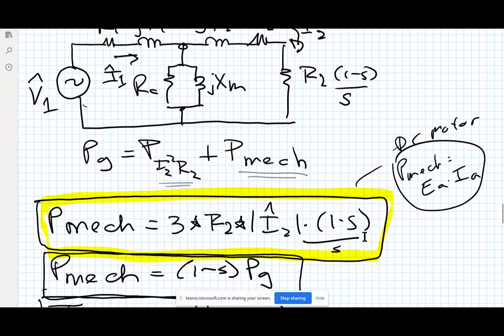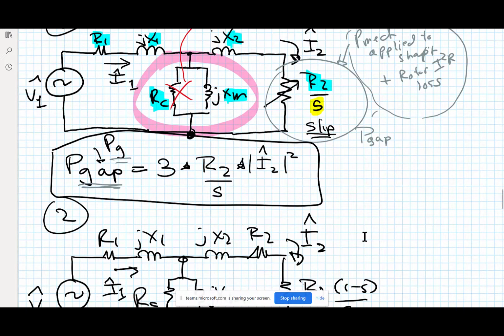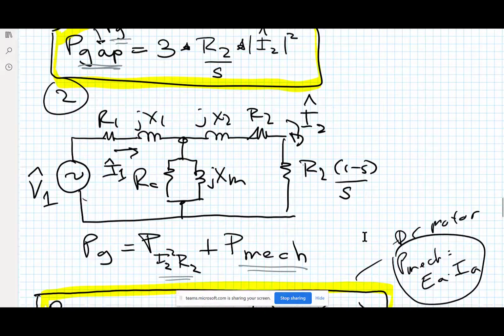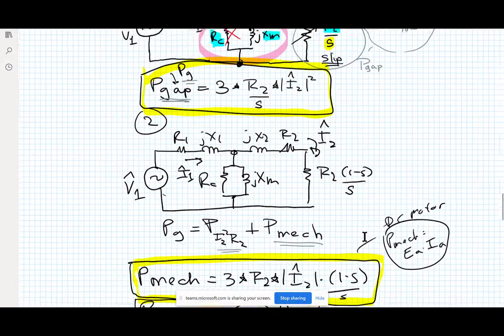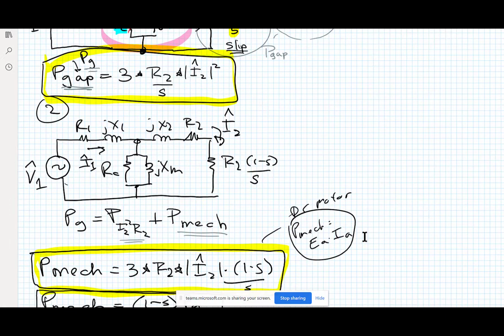Now, if you compare the expression that we had here for P gap with the expression for P mechanical, they're very close, right? So what do you see as the difference? What's the main difference between these two? Anybody?